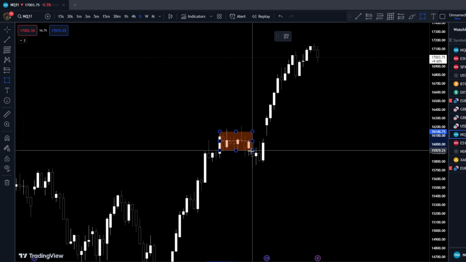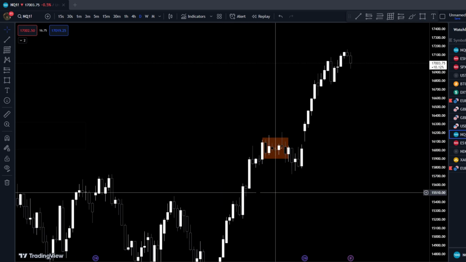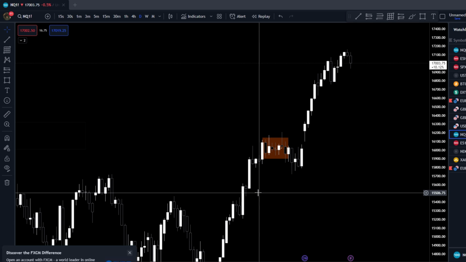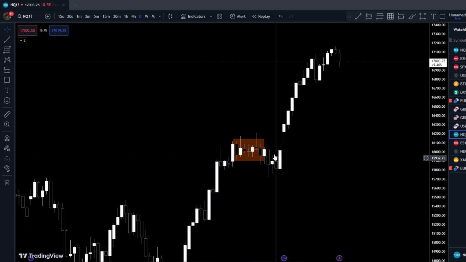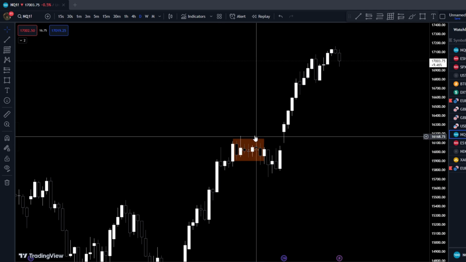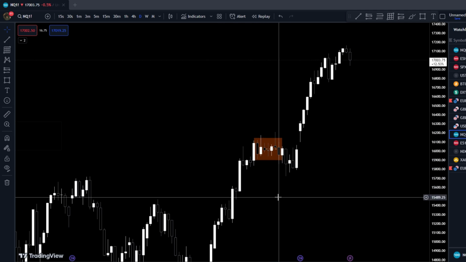You can see we're accumulating here, right? I'm going to explain how I determine my bias and find draw on liquidity after this, but this is what I used to use as a beginner, like you. You can see price accumulating here, right? You can expect some kind of manipulation from here when you see this.